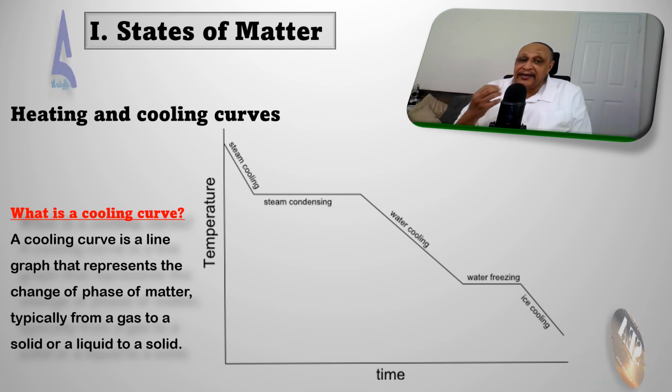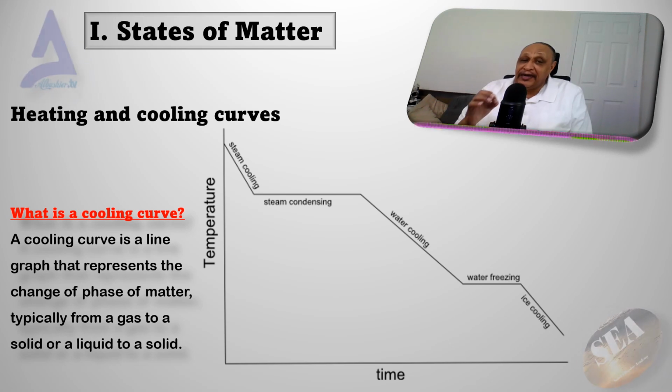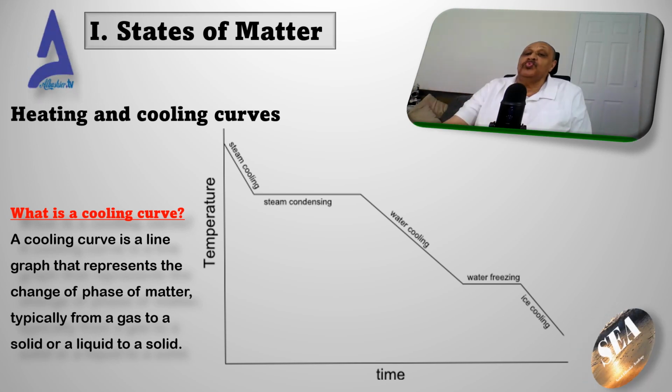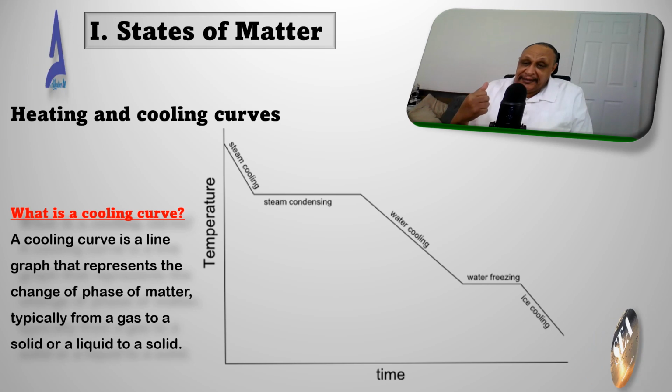A cooling curve is a line graph that represents the change of phase, or state of matter, typically from gas to a solid or a liquid to a solid, when we cool the substance or the gas.